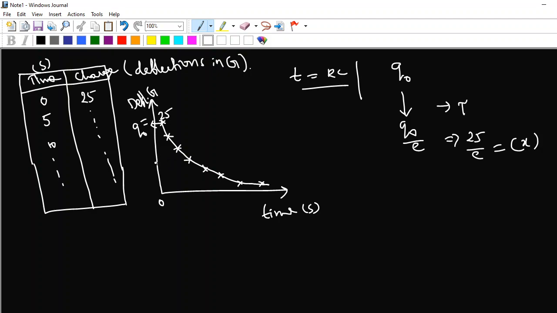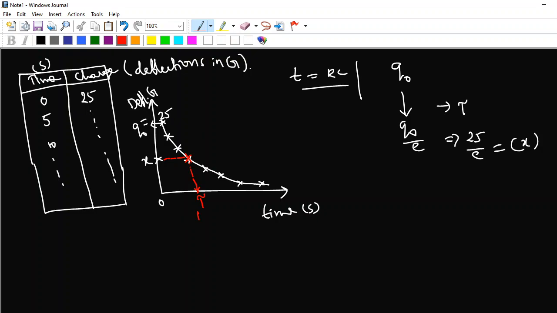On the y-axis, you identify that x value, whatever it is. Corresponding to this x value, you can draw a horizontal line which will intersect your curve at a particular point, and draw a vertical line from that point, and it will intersect your x-axis, which is time, at a particular value, which we are calling the time constant.